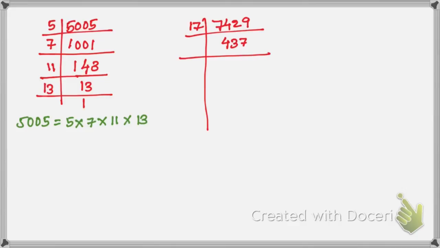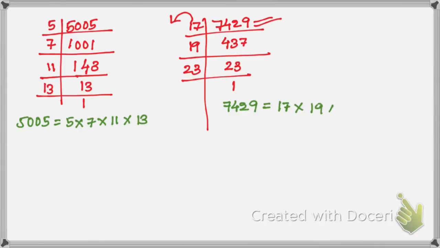Since 17 is also a prime factor and this number won't be divisible by 2, 3, 5 or any other prime factor smaller than 17, we divided it by 17 at first. Now dividing it with 19, we got 23, and 23 ones are 23. So you can write it here as 7429 will be equal to 17 into 19 into 23.